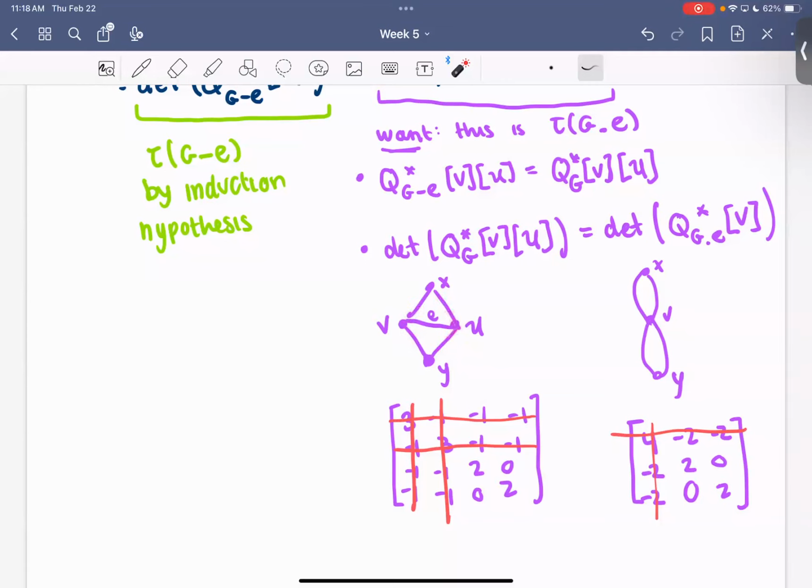So it has the same number of edges to X and Y as V and U did total in the old graph. So, and then what else? I'm not seeing a quick explanation as to why these two matrices are the same.